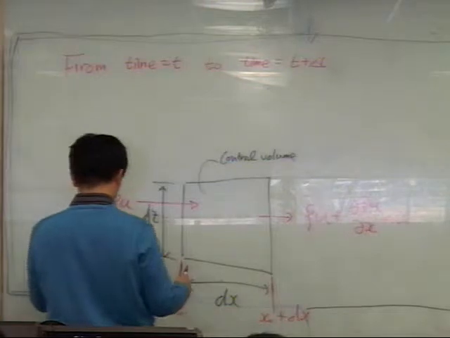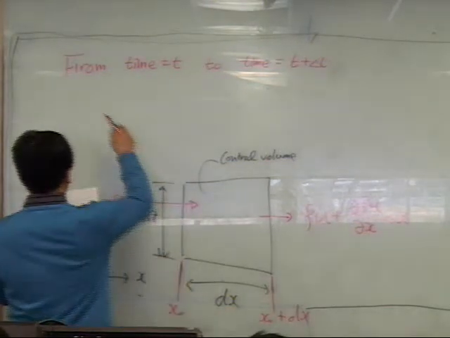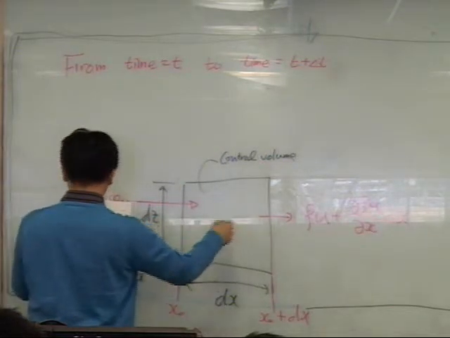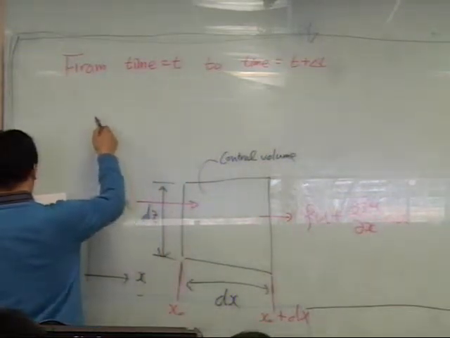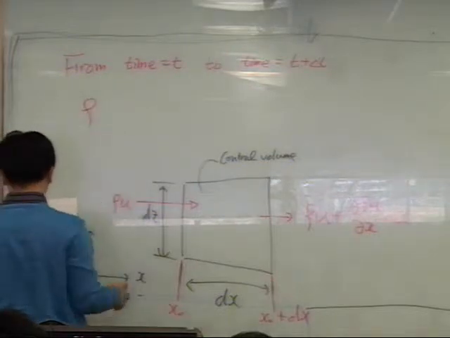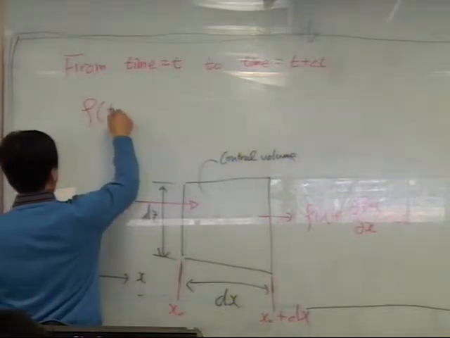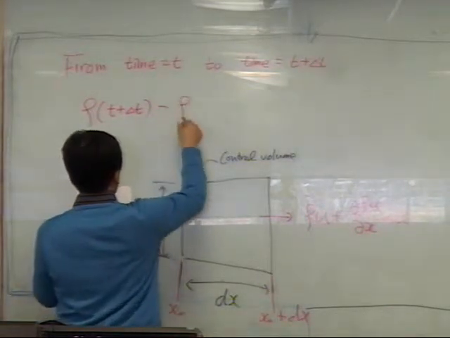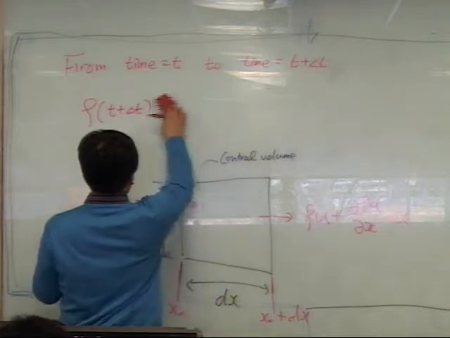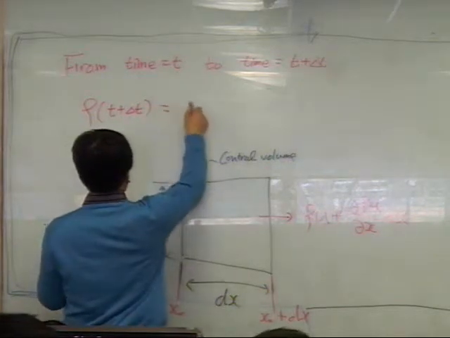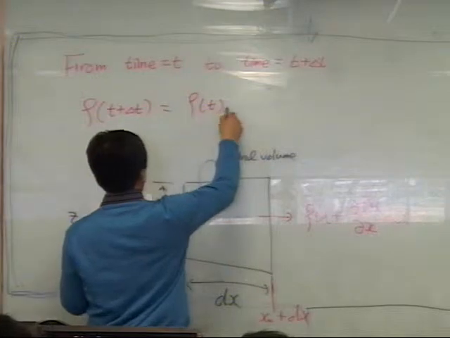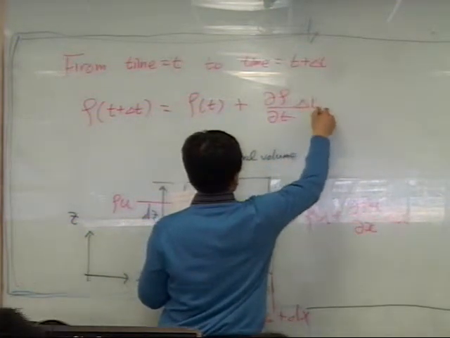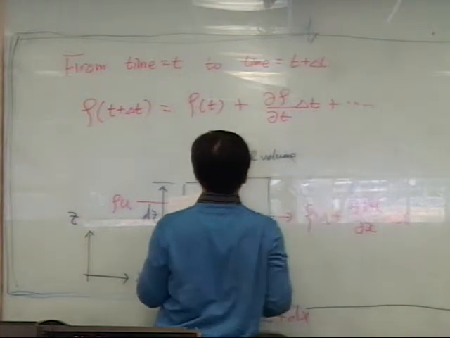And here we can also think about the mass inside of the control volume. The density can change: rho at t plus delta t minus rho at t equals partial rho partial t times delta t, and we have higher terms.